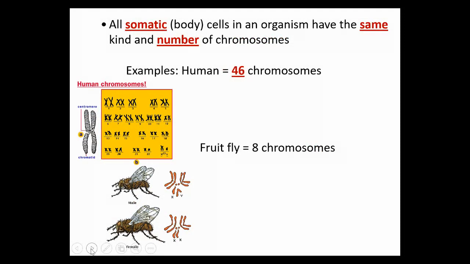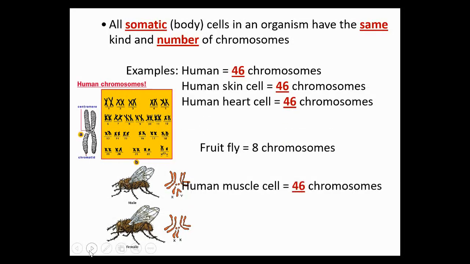Okay, so all somatic body cells have the same number and the same kind of chromosomes. So skin cells will have 46, muscle cells will have 46, but it is individual types of cells. Okay, and a fruit fly, if we care, has 8 chromosomes.